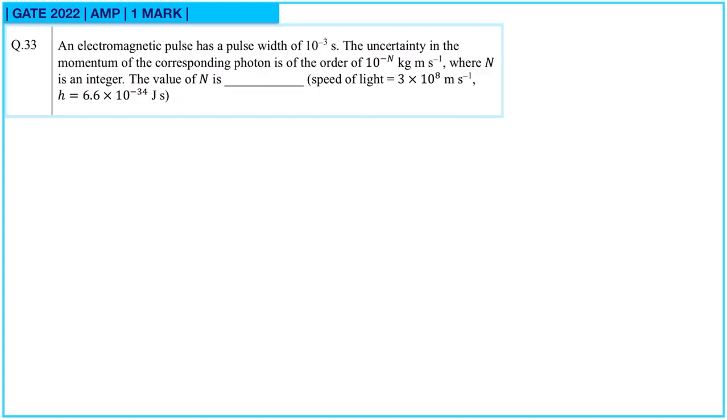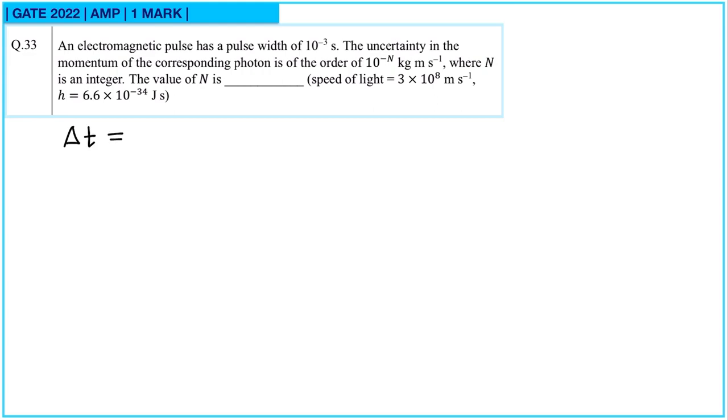Next question. An electromagnetic pulse has a pulse width of 10 raised to minus 3 second. The uncertainty in the momentum of the corresponding photon is of the order of 10 to the power minus n kg meter per second, where n is an integer. The value of n is.